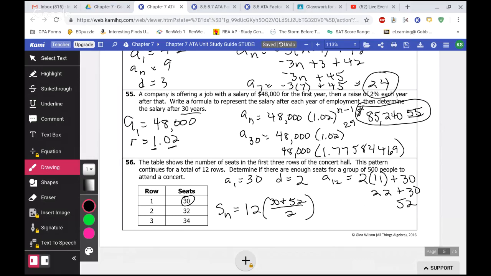That's going to be 82 divided by 2 times 12. And I get 492. Yes, same. So standing room only. No, they're not going to fit. Not unless somebody sits in somebody's lap.